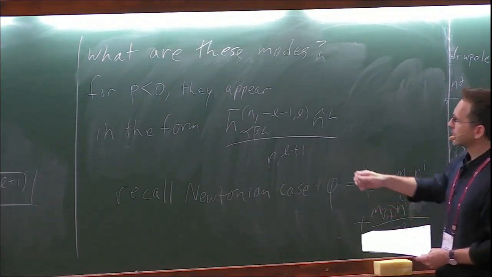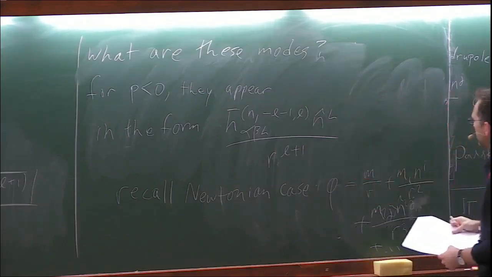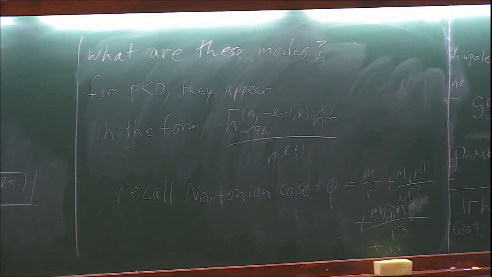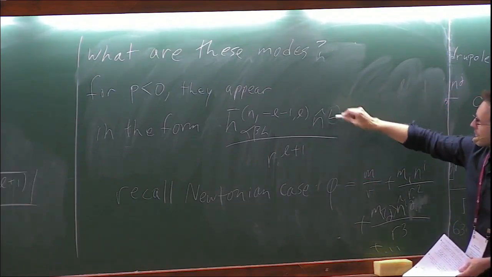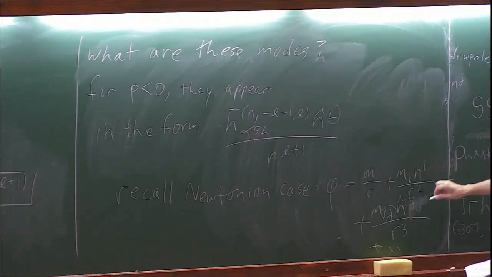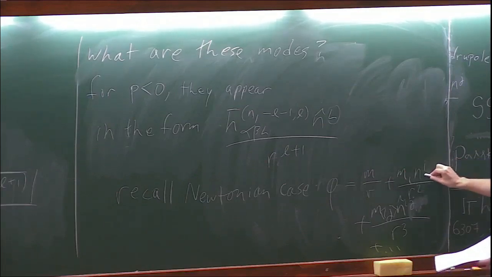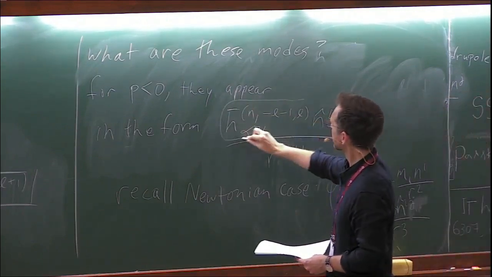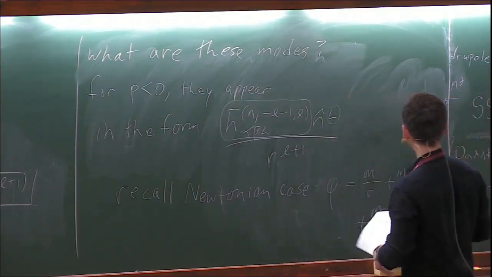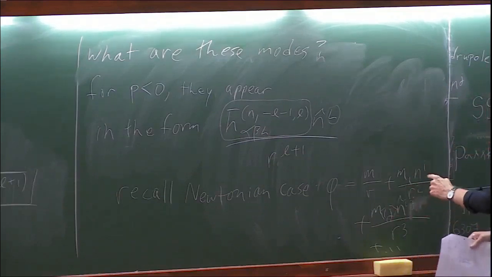And then I have some n hat L, which is equivalent to a spherical harmonic with L equal to that L. So these coefficients play the same role as the multipole moments here.